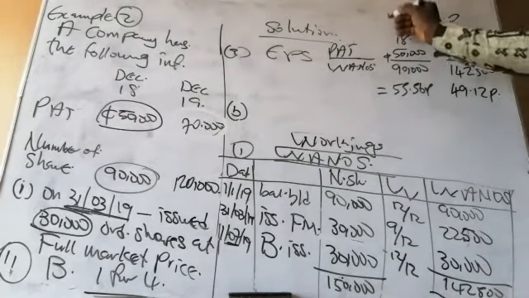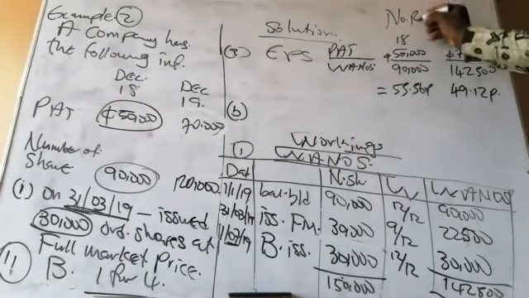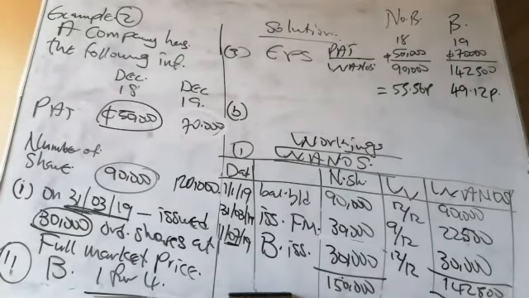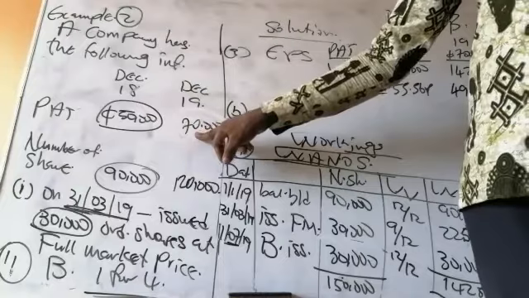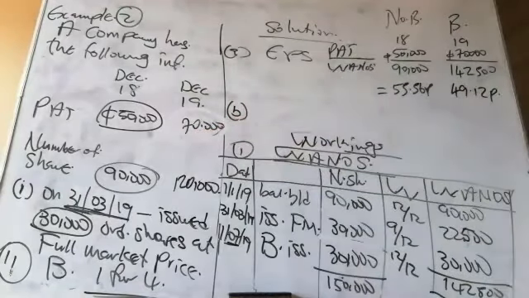Anytime there's a bonus issue, bonus does not contribute to profit, but it takes profit away, which has reduced the earnings per share, even though there has been an increase in earnings from 50 to 70. So the earnings per share has dropped.